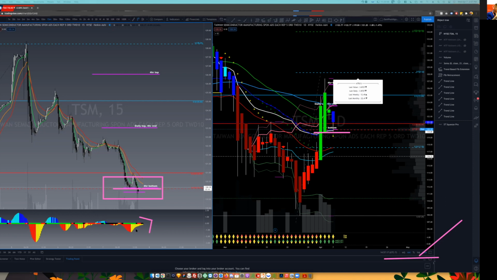Let's draw this. Squeeze is about to fire, typically with the momentum going upwards from the downward move, reverse.